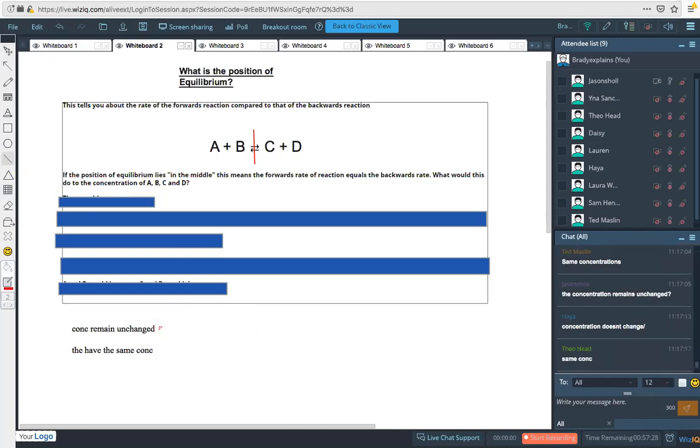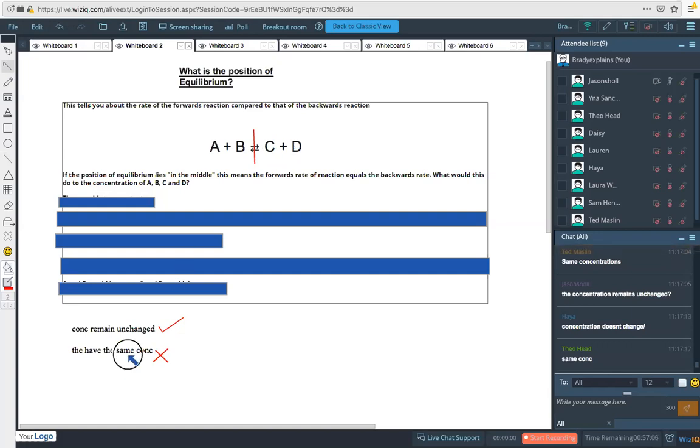The concentrations remain unchanged. Now, I think when the second one, they have the same concentration, I think he was meaning to say this first sentence, but actually that means something different. So if you say the concentration remains unchanged, what you're saying is whatever the concentrations are to begin with, they stay like that. That's true.